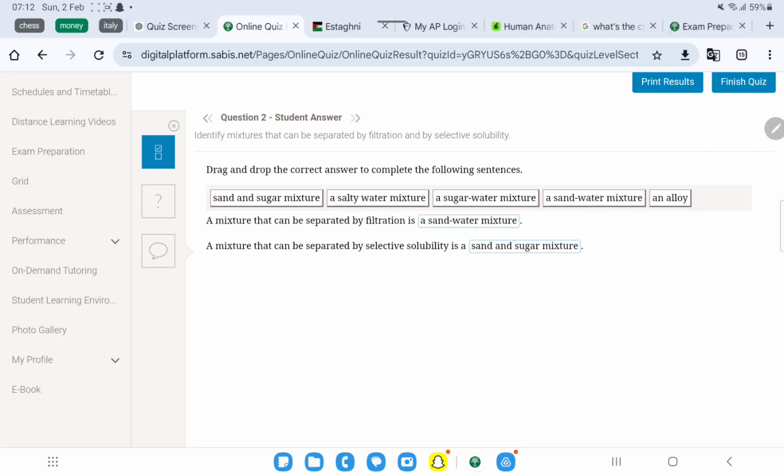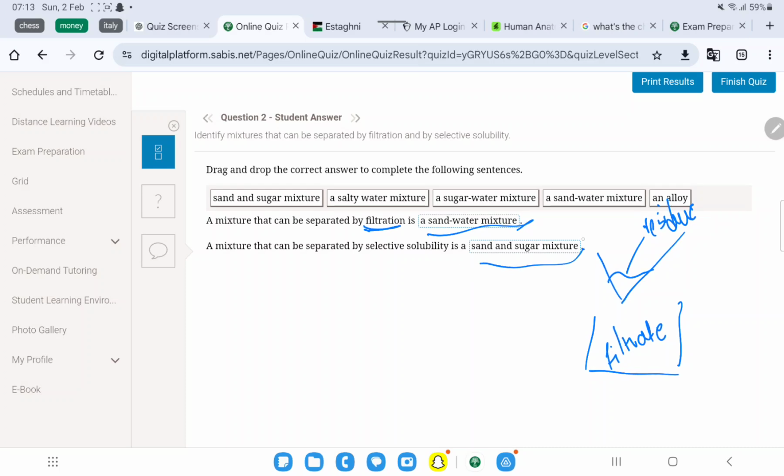So when you put it in the filter paper, the sand, for example, will be a residue, and the water that passed through will be the filtrate. So what can be separated using filtration is a sand and water mixture. A mixture that can be separated using selective solubility is sand and sugar. We can put water to dissolve the sugar and the sand wouldn't dissolve, and then filter it out.